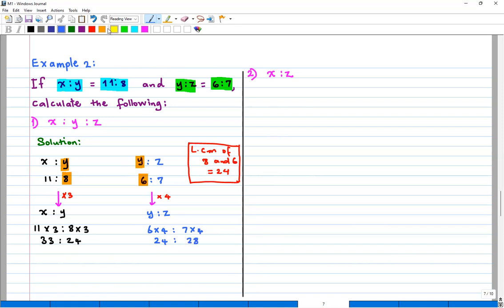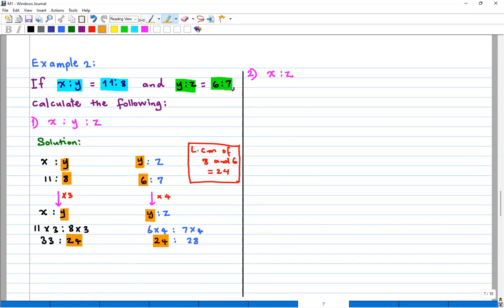Now, you see that at this point, y is 24, and here y is 24. There it becomes easier to write the whole ratio at once.